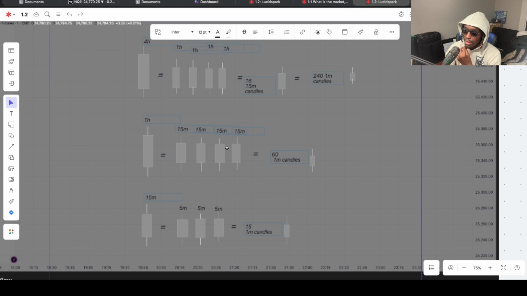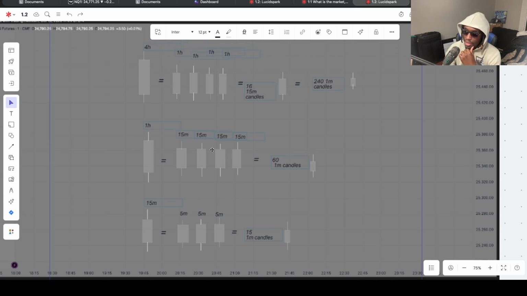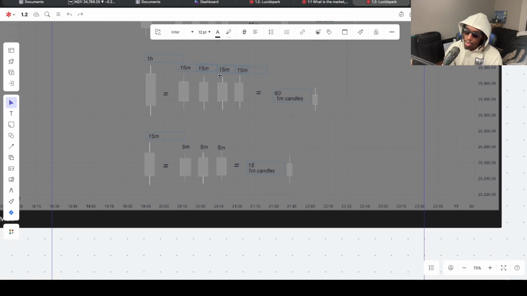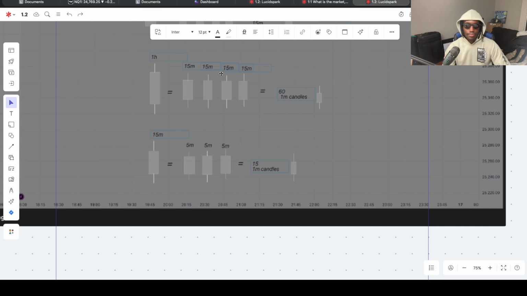The higher the candlestick is, the less data is going to be in that candlestick. The lower you go, the more detail is going to be in candlesticks, right? So if you're looking at a daily candle, it's going to be 6 4-hour candles or 24 hourly candles, right? So the lower the time frame that you go, the more detail opens up to you.